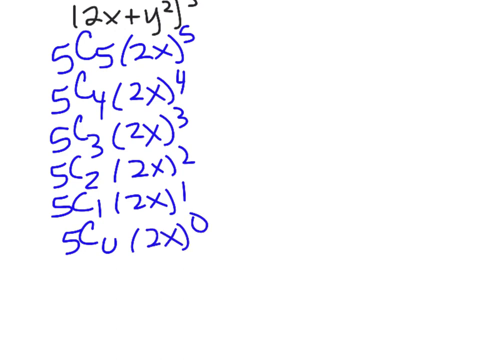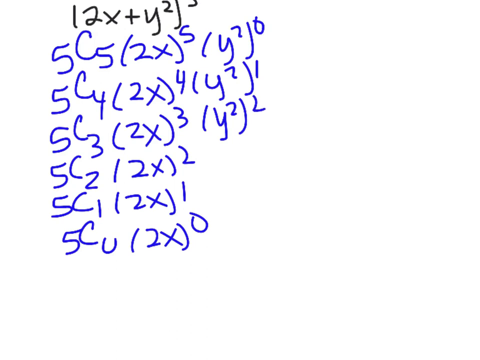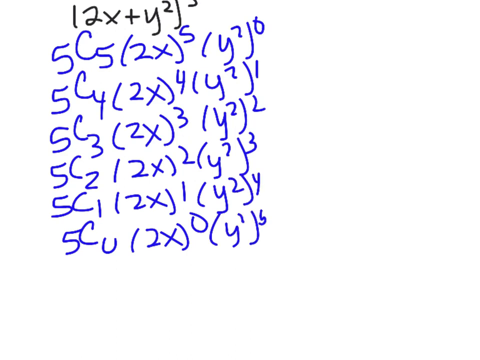And then q is the second term, so it's y squared to the 0, y squared to the 1st, y squared to the 2nd, y squared to the 3rd, y squared to the 4th, and y squared to the 5th.